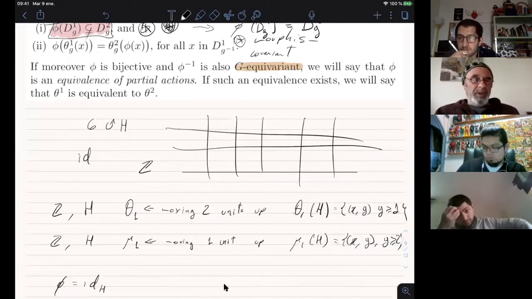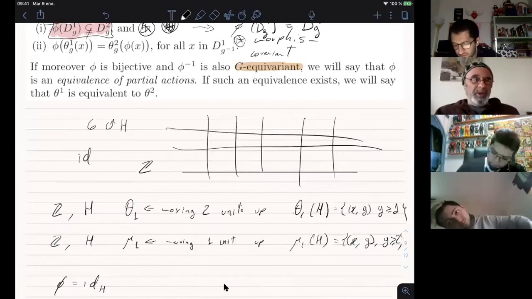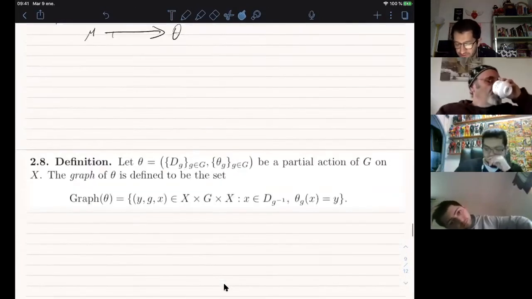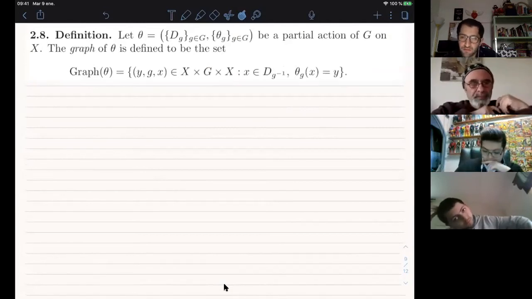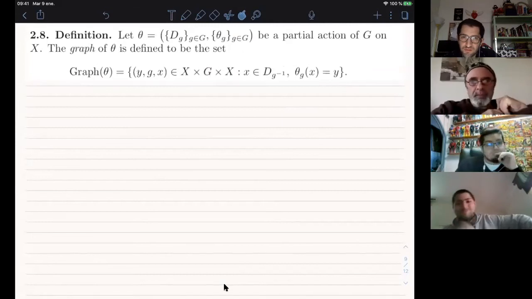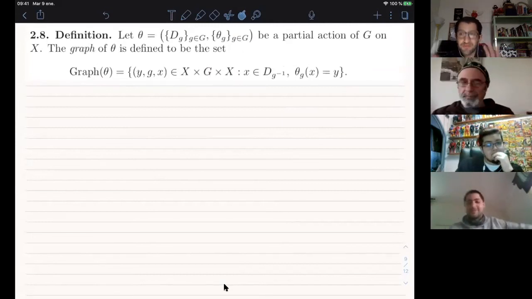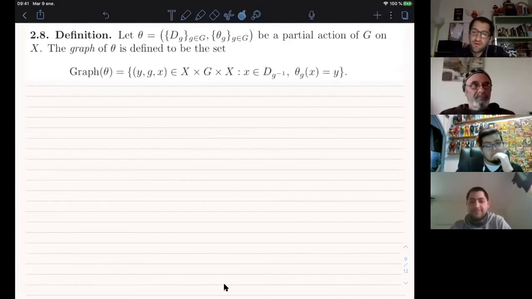Oh, let's go on. Well, the other thing that we're waiting for now is that we have a groupoid here, which is rather normal now to think about groupoids.